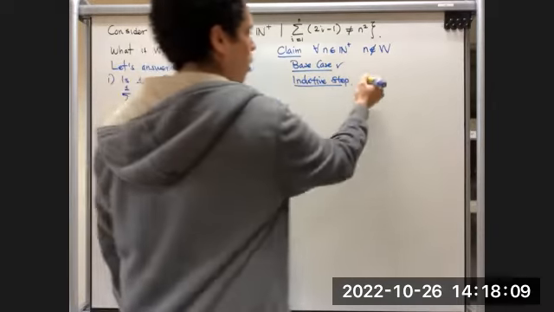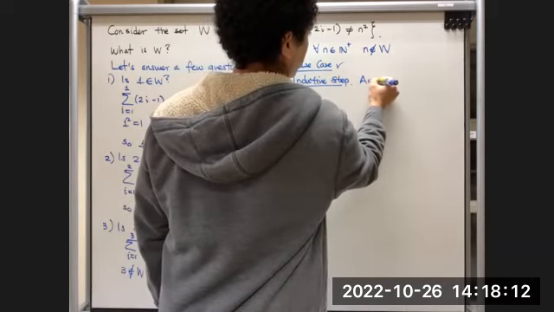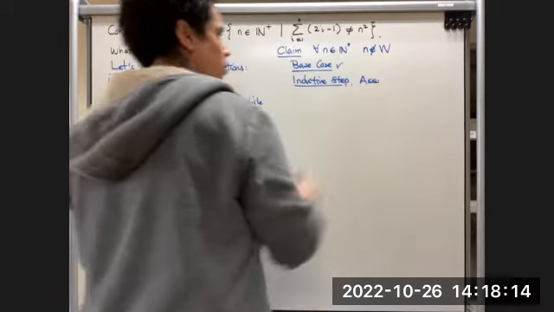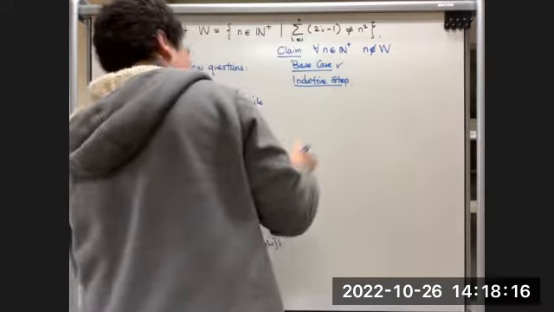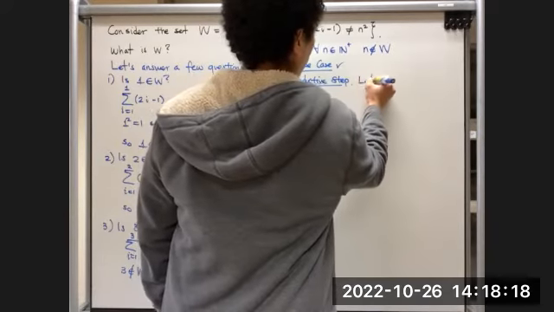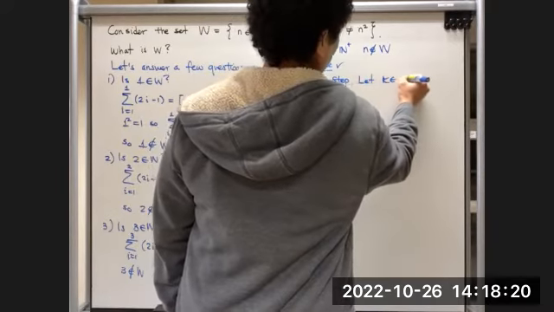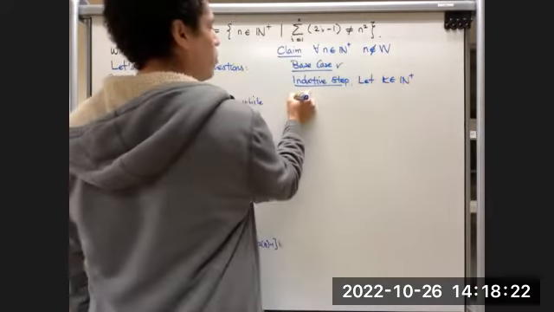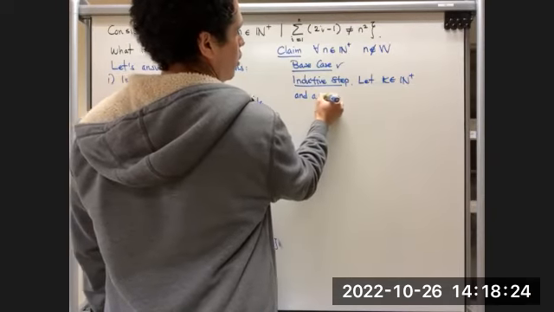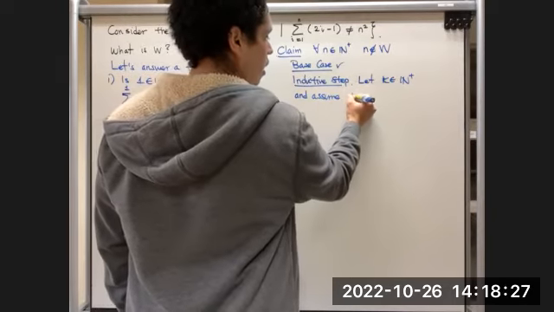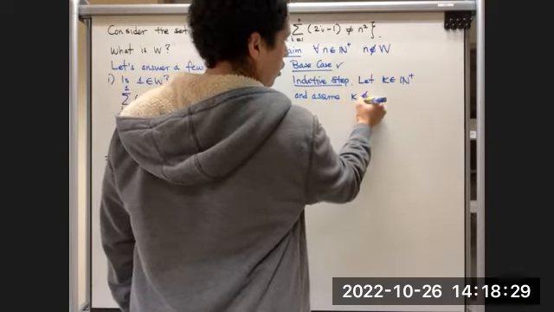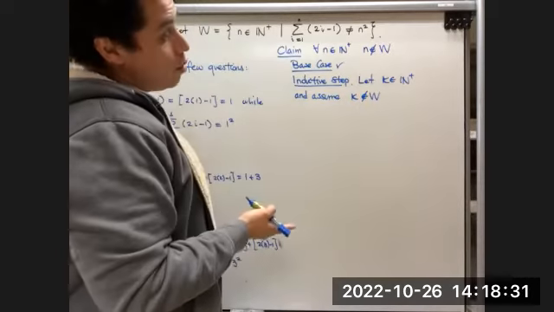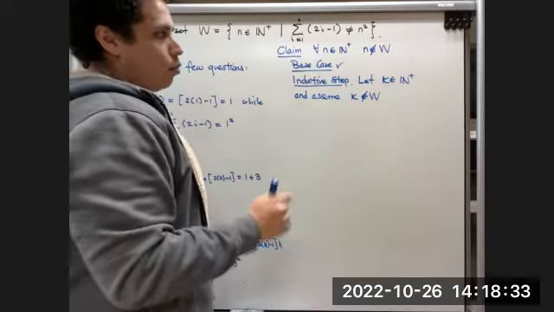So what are we going to do? I'm going to start with this. Let k be a positive integer and assume that k is not in W. What we're going to demonstrate is that k plus 1 is not in W as well.